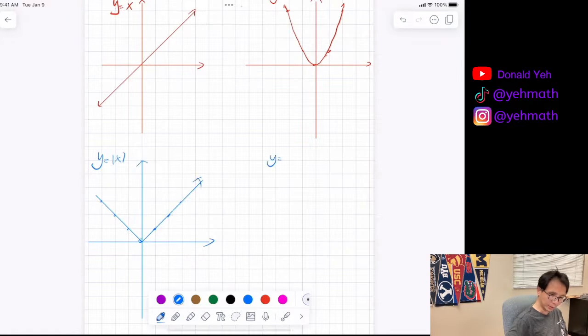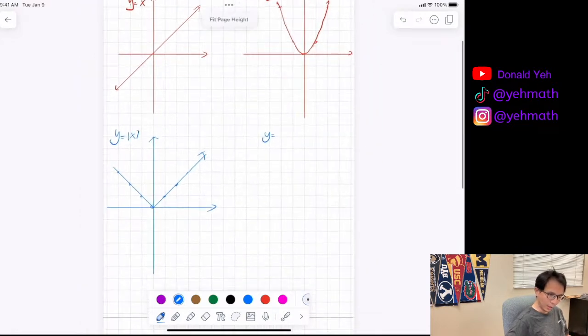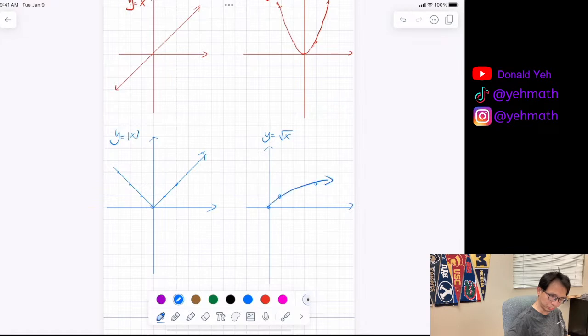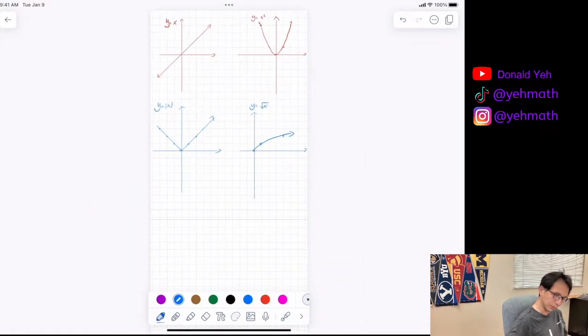And y equals square root x. I feel like I'm missing something. X cubed. So that's 4 different functions already.